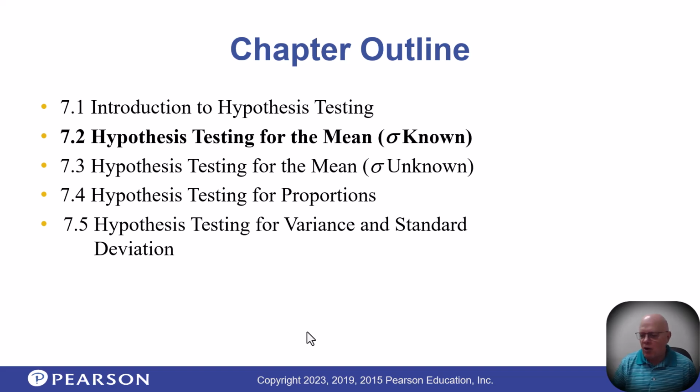This is where we are. Hopefully you spent enough time, because you need to be a star when it comes to 7.1, the introduction to hypothesis testing. With that done, then we're going to move on to 7.2, and once you get that down, 7.3 will be just an asterisk to you.